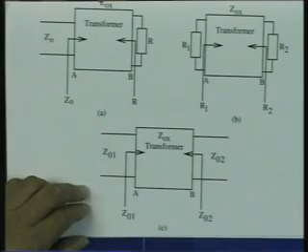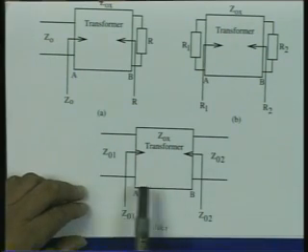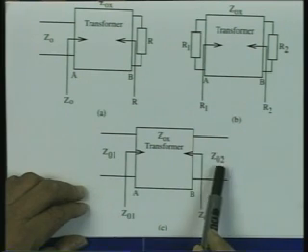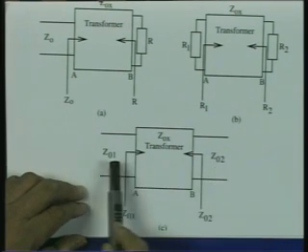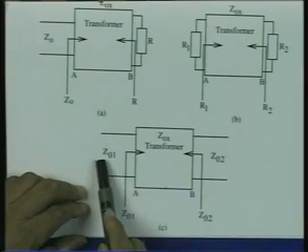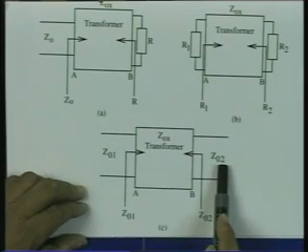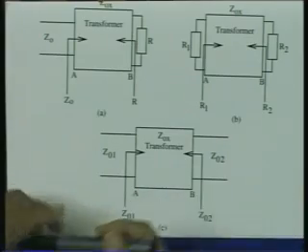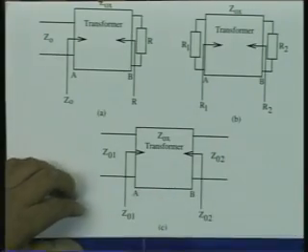So, we want to introduce a transforming device in between, so that Z02 appears like Z01 when seen from this side, and when seen from the right side Z01 appears like Z02. So, from both sides you see as if the line is terminated in its characteristic impedance, and then there is no reflection on either side of the transmission line.